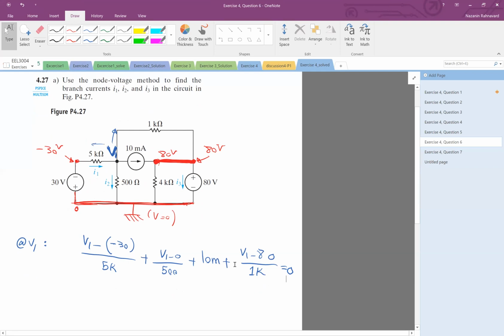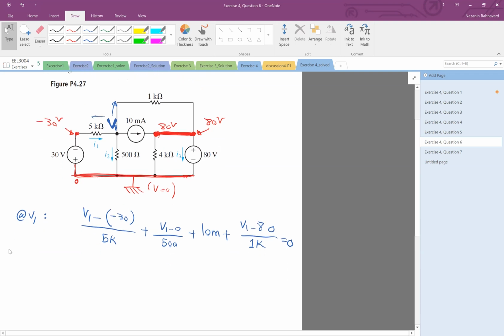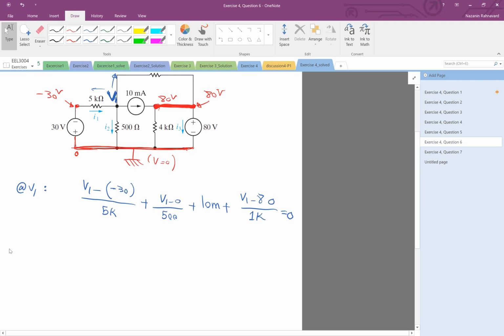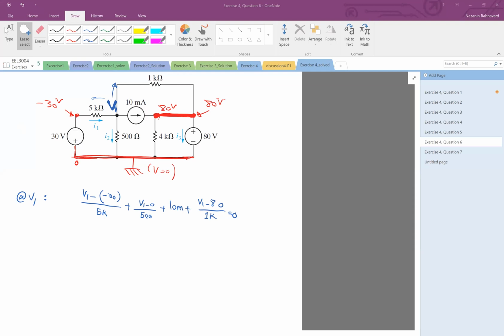As you see, there's only one equation, just because there was only one essential node whose voltage was unknown. The other ones we already know, thanks to these voltage sources. Because this is a simple equation, let's just solve it. I would multiply the whole thing by 5K.